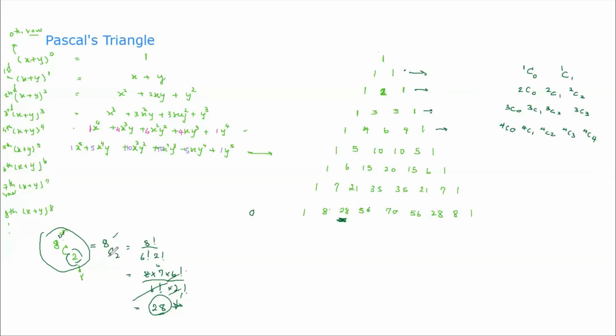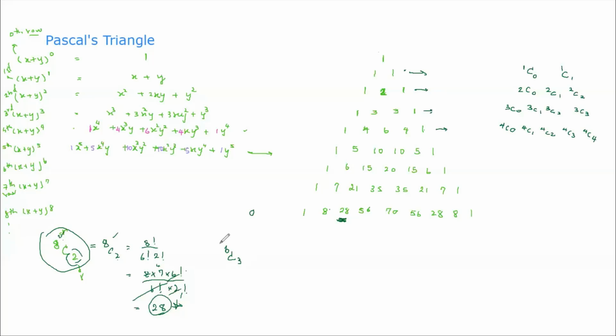And the 2 here means you count starting from here: 1, 2. That's the answer. Okay, so for example, if I ask you to find the binomial coefficient of, let's say, 6C3.